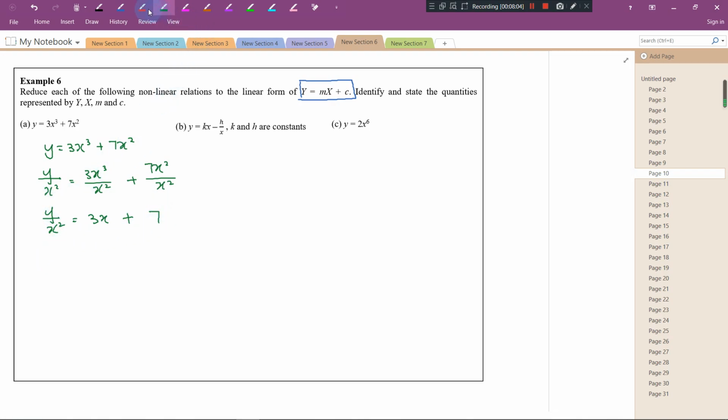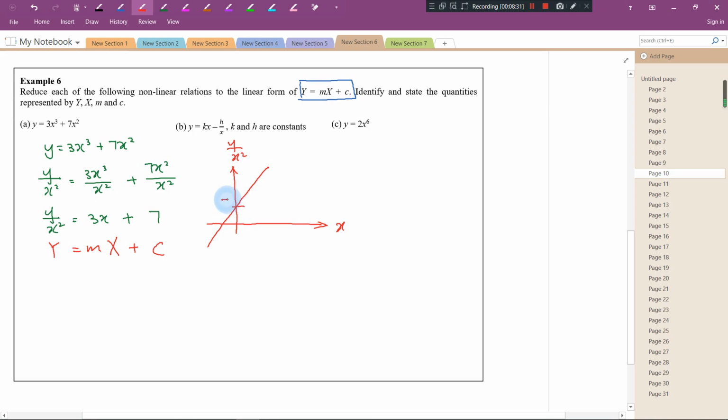Now from here, you compare with this pattern, this form, y equal to mx plus c. If you draw a graph of y over x squared against x, we will get a straight line with the gradient of 3 and the y-intercept of 7. This is 7, and the graph is going upward because the gradient is 3.